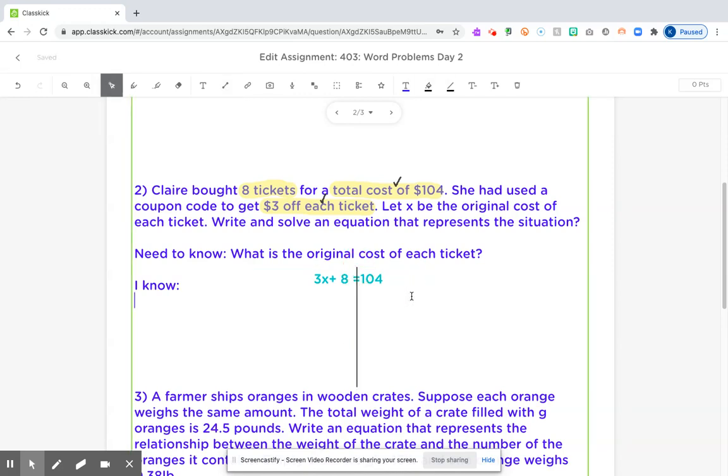There's my line. Keep it situated. So our first thing we need to do is do something with that 8. It does not have a variable, so we need to get rid of it because we want our variable on one side, and our numbers on the other.